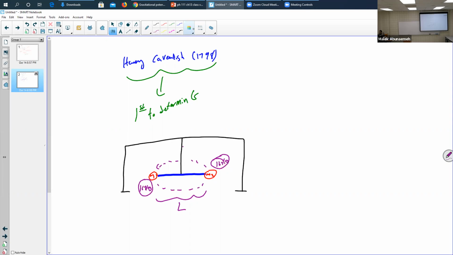Now your wire is going to turn on the other side. So A and B are small masses at length L, suspended from a ceiling.